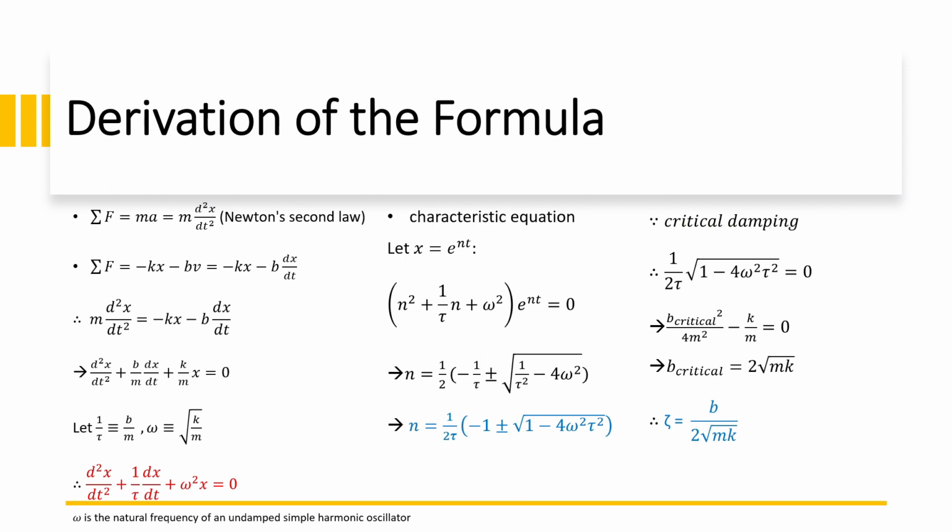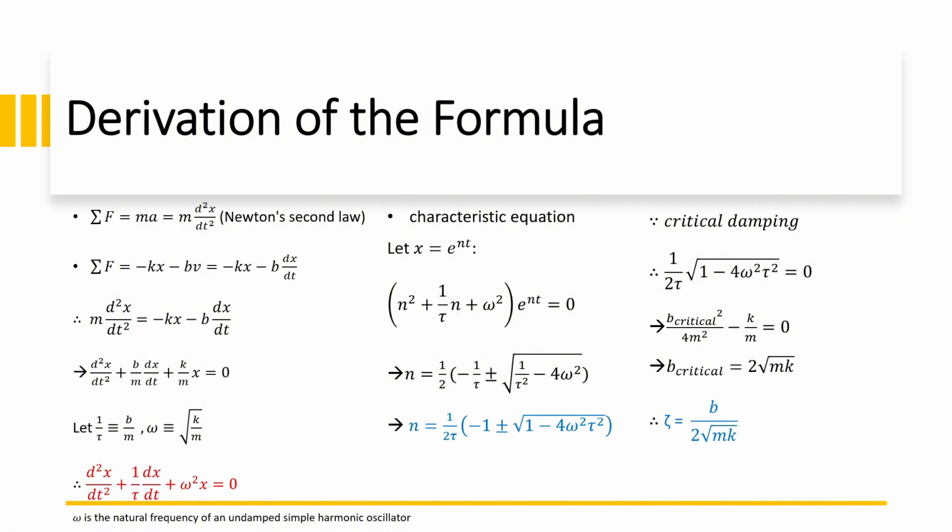Now we're going to derive the formula. First, we introduce Newton's second law and calculate the resultant force of friction and the force exerted by the spring. Then we combine the two equations.